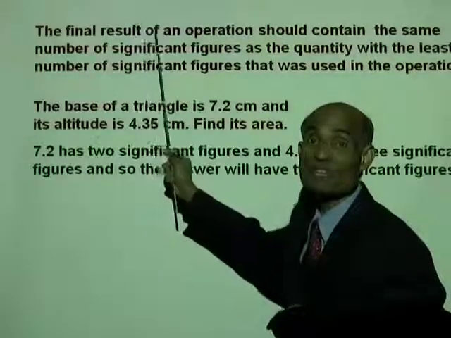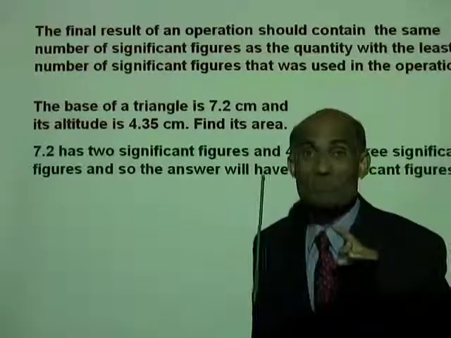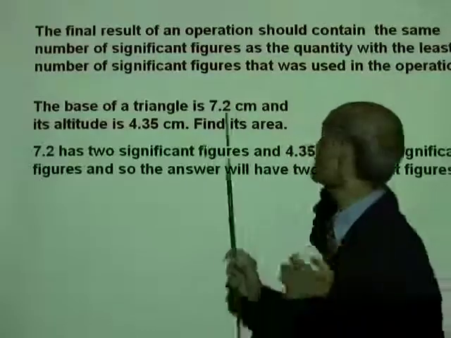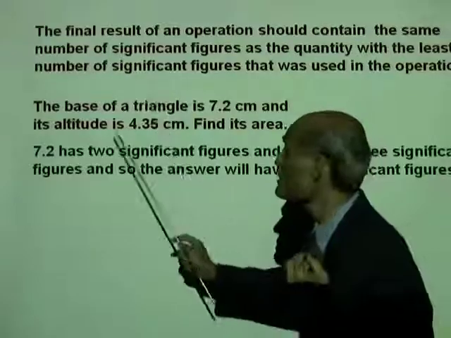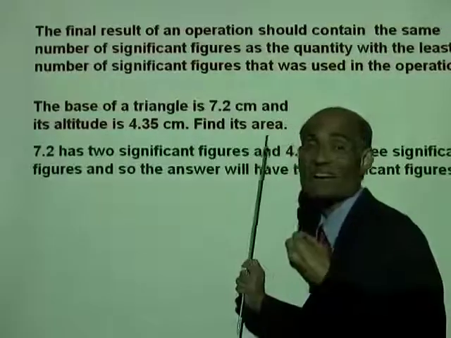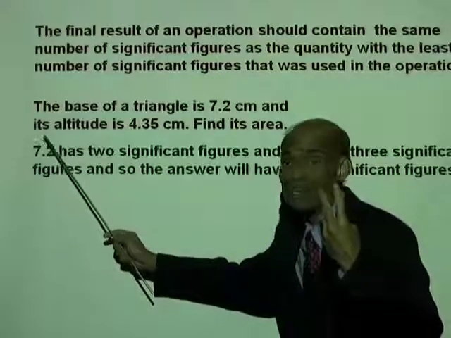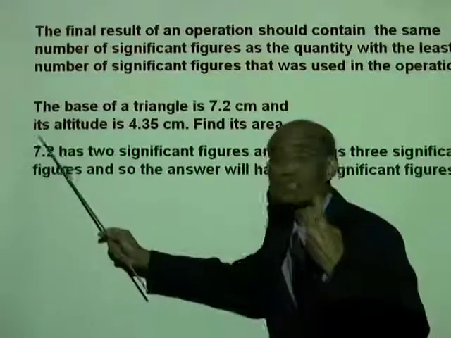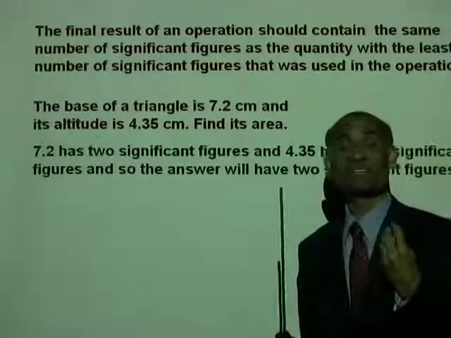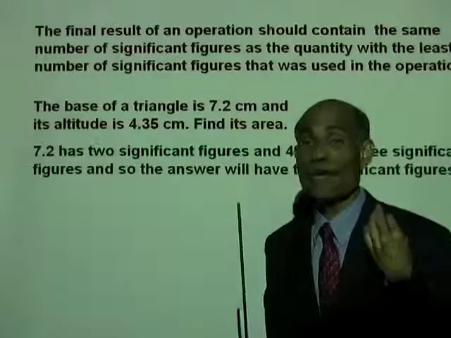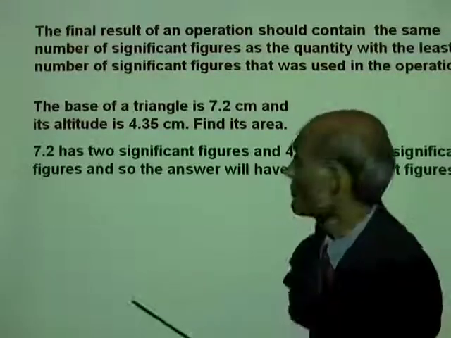The final result of an operation should contain the same number of significant figures as the quantity with the least number of significant figures that were used in the calculation. So we are using two numbers for our calculation. One has two significant figures, the other has three significant figures. Therefore, our answer must have two significant figures.